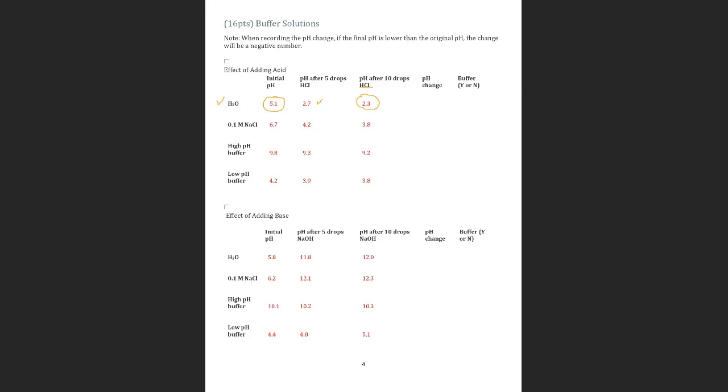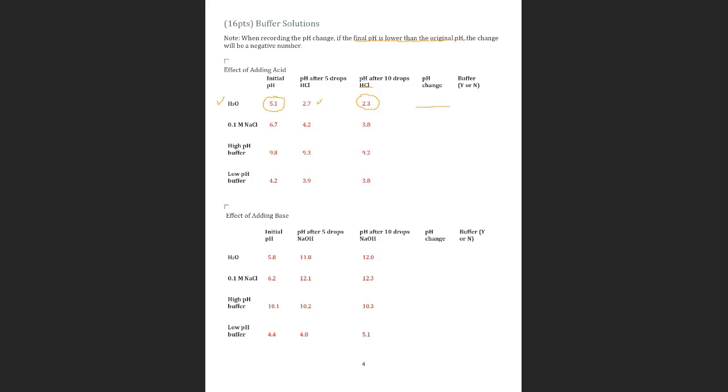The first thing that they are asking for you to complete here is the pH change, which means after the 10 drops of hydrochloric acid, what was the pH? And it says that if the final pH is lower than the original pH, the change will be a negative number.